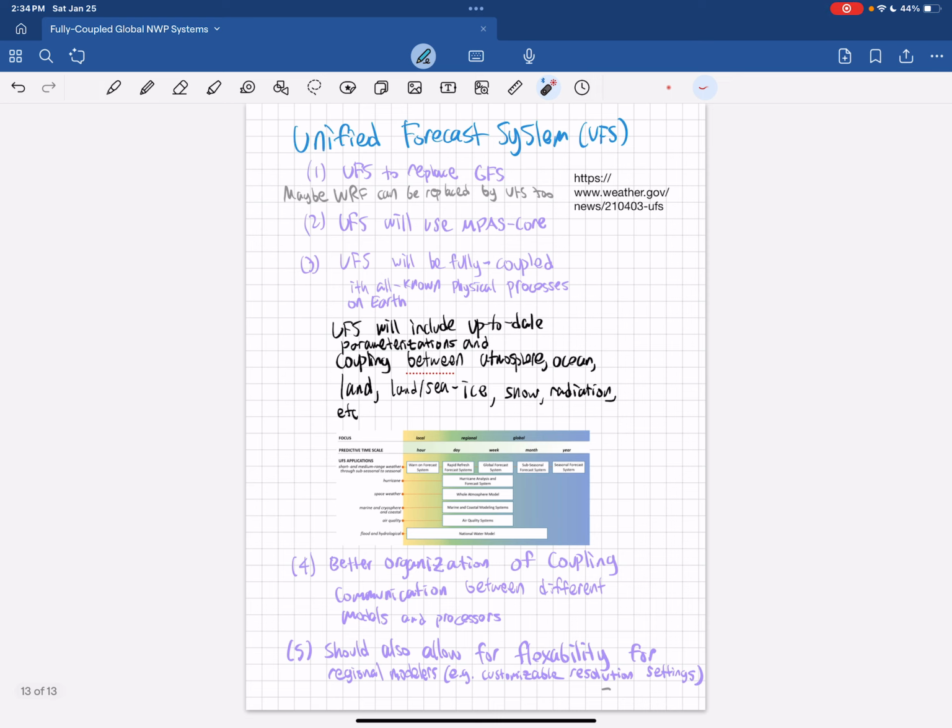And the kind of fix for this that has been proposed and is currently being worked on is the Unified Forecast System, UFS. The idea is UFS is going to replace GFS, and maybe also WRF can be UFS too, but that's maybe not going to happen. UFS will use the MPAS core, and UFS will be fully coupled with all known physical processes on Earth represented.